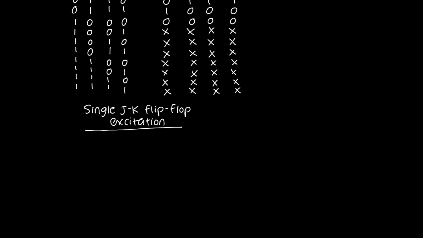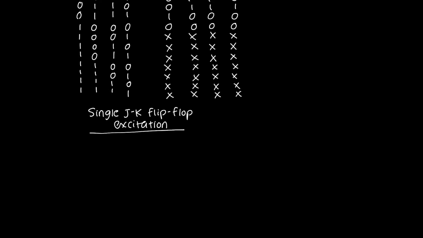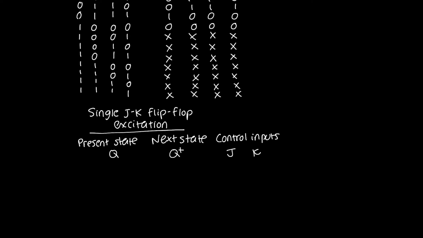So for a single JK flip-flop excitation, I'm going to write what my present state is. That's Q. My next state, that's Q plus, because again, this is for a single JK flip-flop. My control inputs are J and K. And what does it look like?